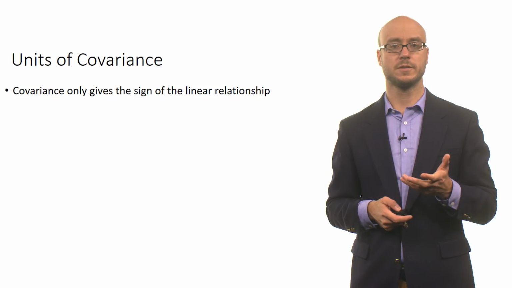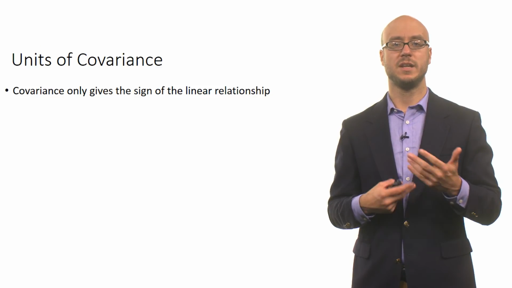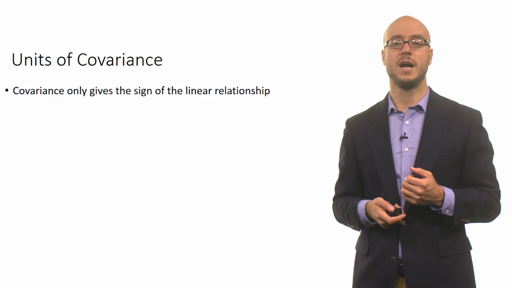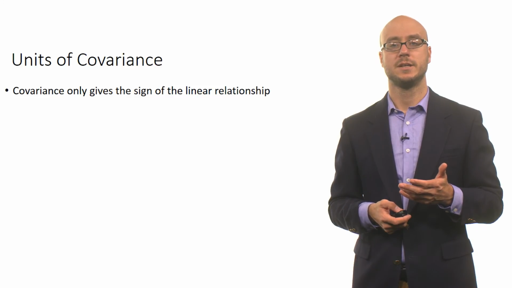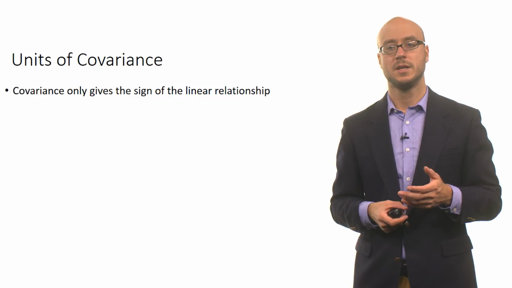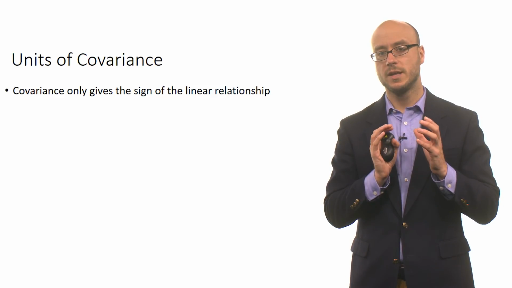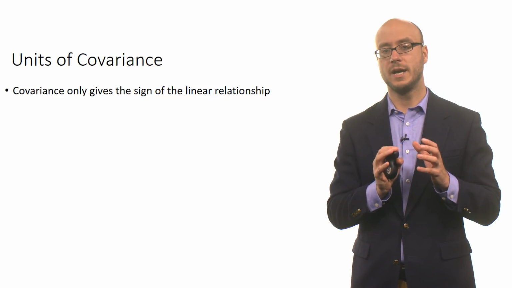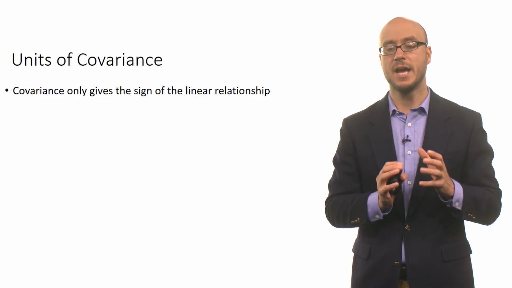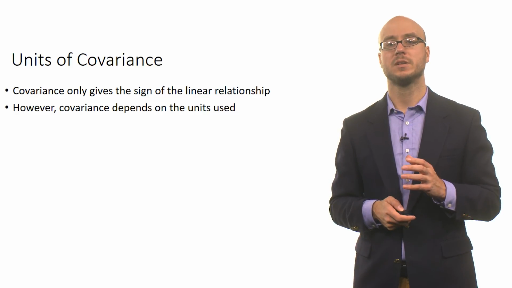One important point about covariance is in terms of the units. As I mentioned earlier, covariance is given in the units of x and y, so body fat percentage times weight in pounds. Because it's expressed in the units of x and y, it only gives us the sign of the linear relationship.